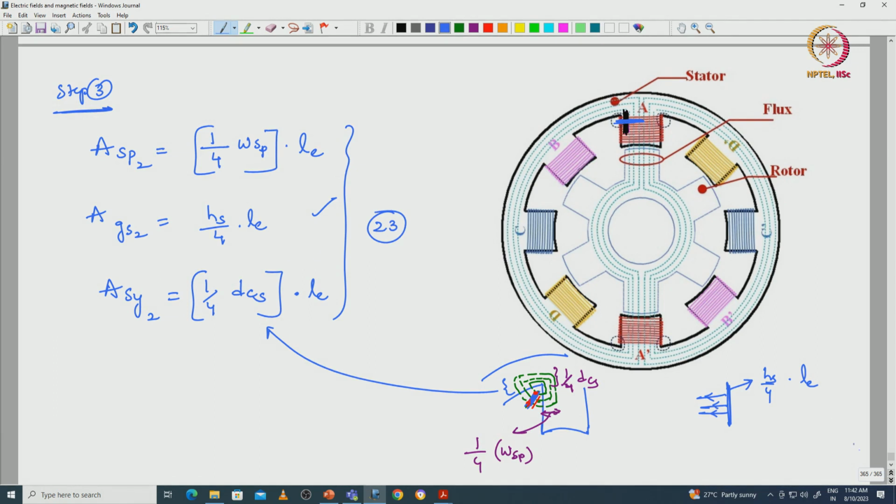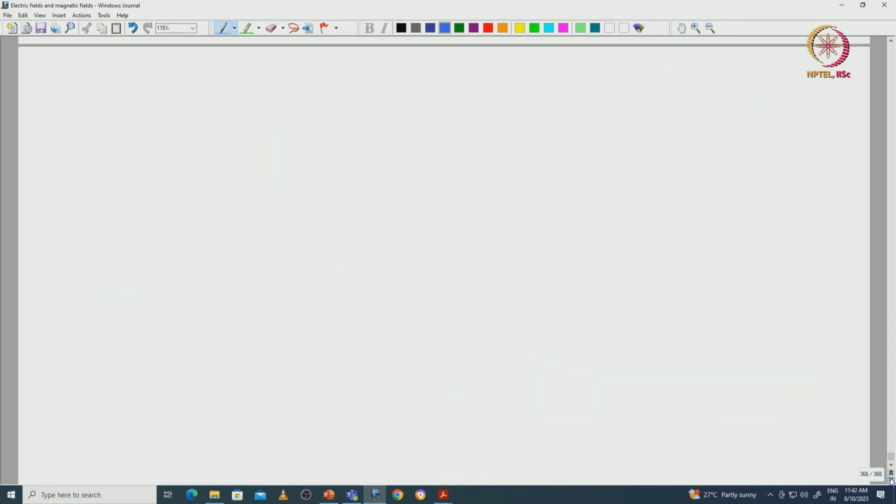With respect to step 3 we have calculated the area also, and in step 4 we have to analyze the magnetic equivalent circuit. So, the leakage flux is flowing through the stator, like we can see here. So, this is F2, MMF2, because the MMF with respect to the leakage flux is very small, right.